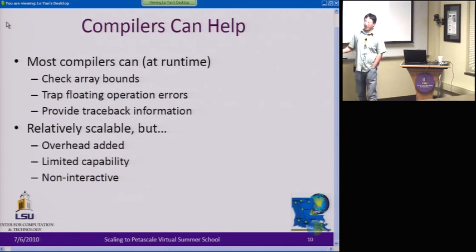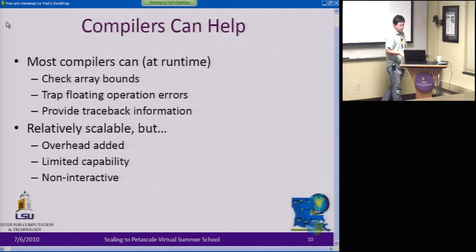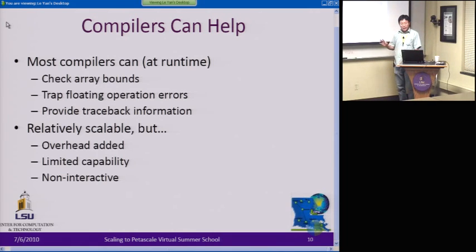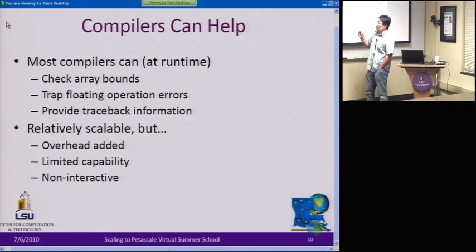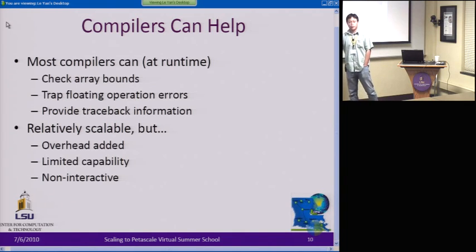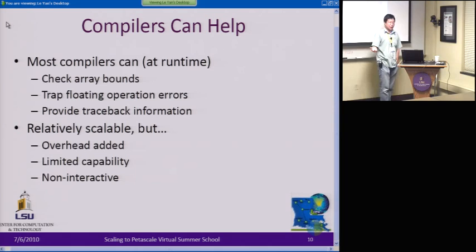It can also provide traceback information when the program crashes. The problem with debugging with the compiler is, again, its limited capability. There are only a certain number of things compilers can help you with.